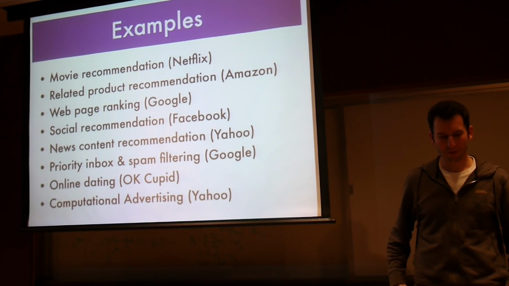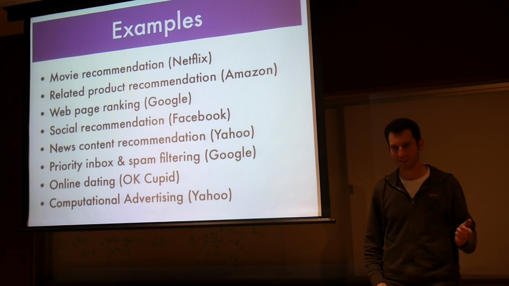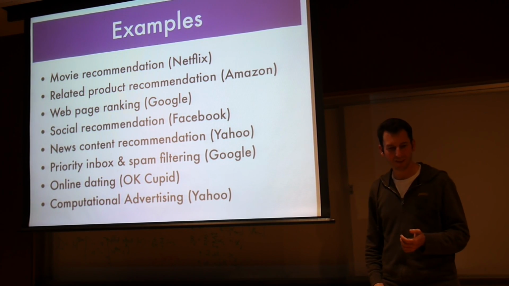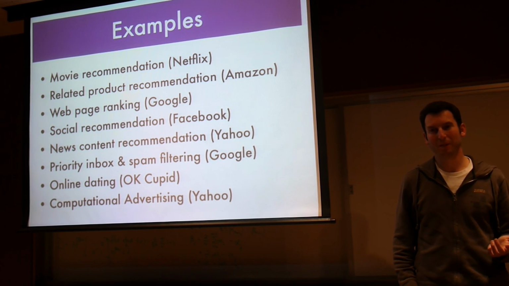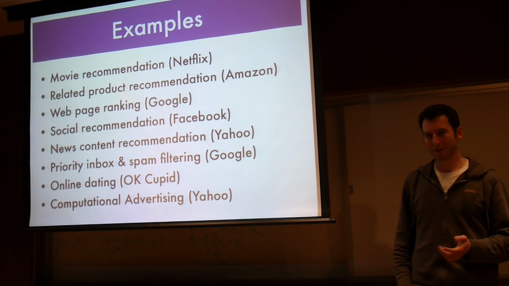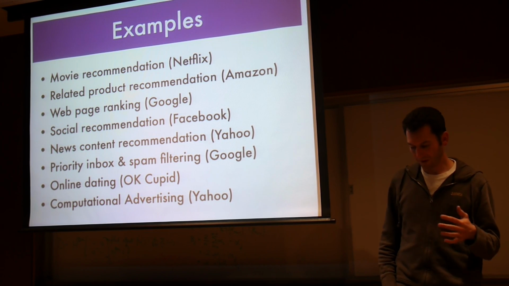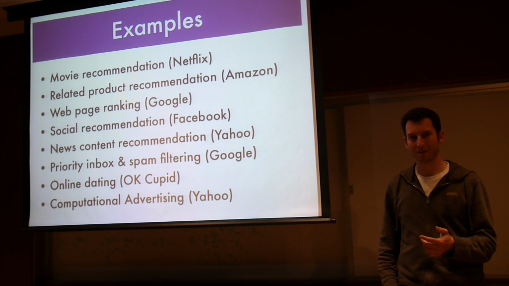So a couple more examples. Well, we already know movie recommendation for Netflix is a typical example for content recommendation. Related products. Web page ranking is essentially also, by now, you could think of it as a collaborative filtering problem. Because based on what I will click on, well, the search engines will re-rank and update their search results.